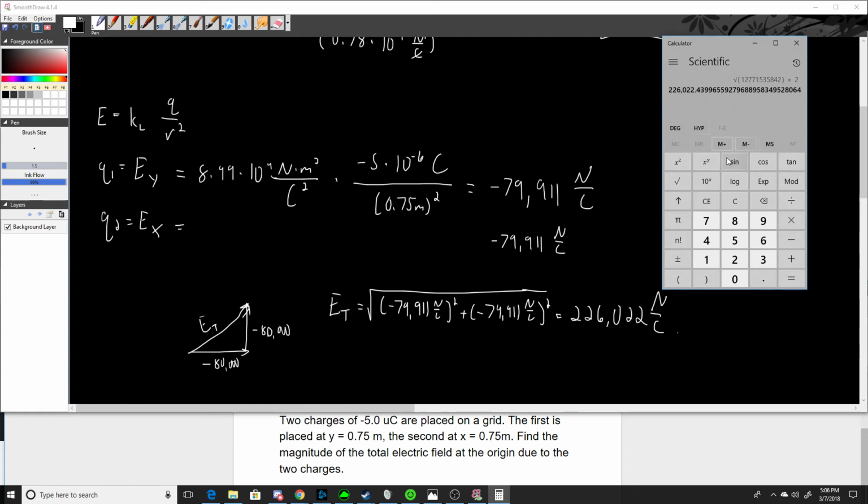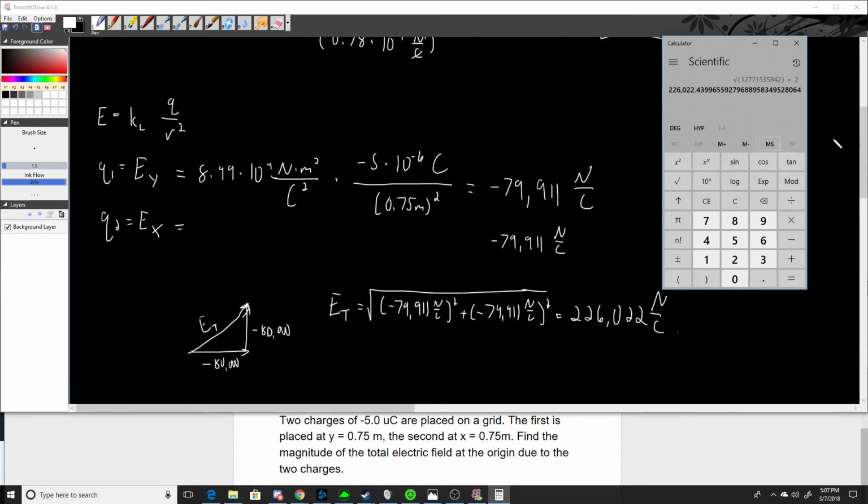All right, so we've got the square root of 79,911 squared plus 79,911 squared, close parentheses, equals.